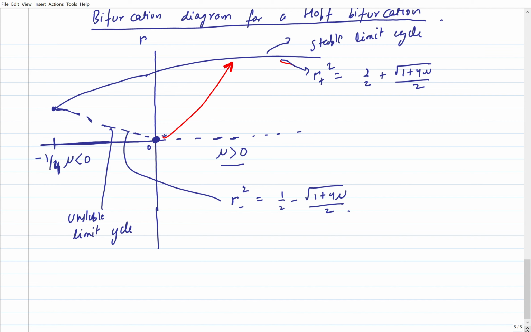And yeah, so at mu equals to 0, the r equals to 0 fixed point loses its stability. This is indicated by over here.